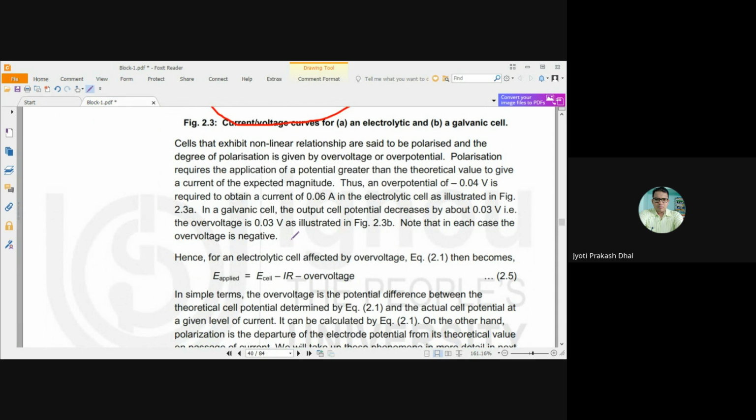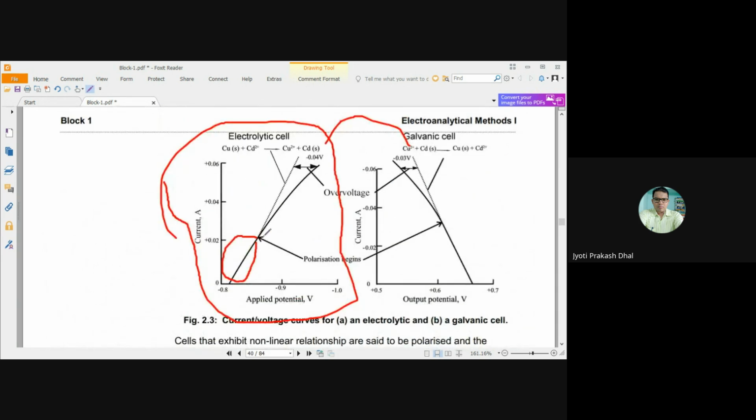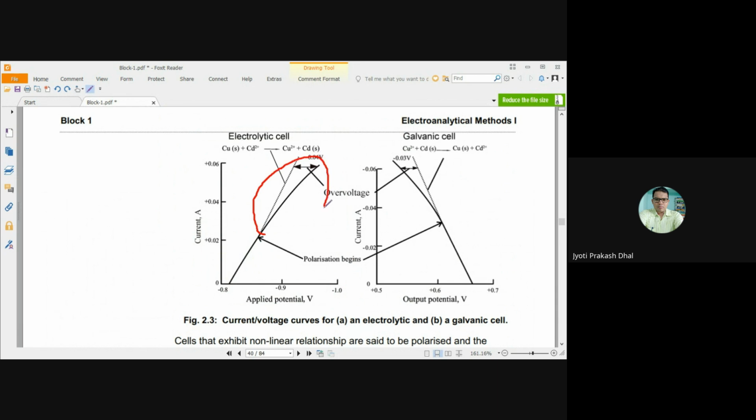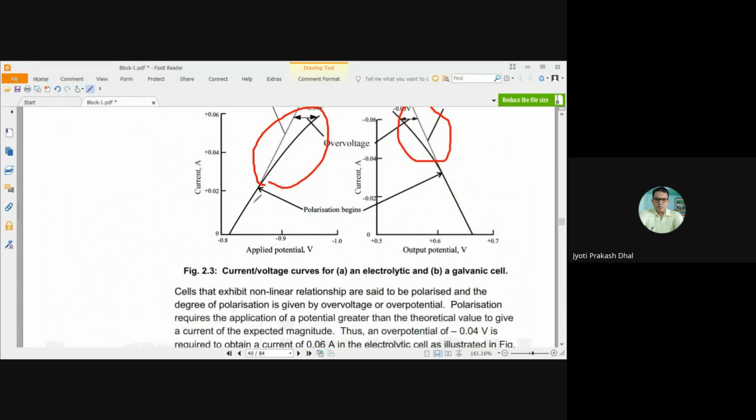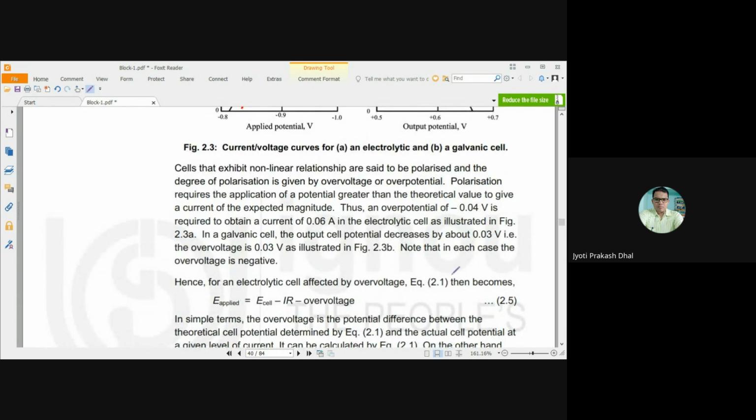Cells that exhibit a non-linear relationship are said to be polarized, and the degree of polarization is given by the overvoltage or overpotential. In both graphs, this non-linearity happens due to overpotential, while at small applied potential linearity is maintained. Polarization requires the application of a potential greater than the theoretical value to give a current of the expected magnitude.